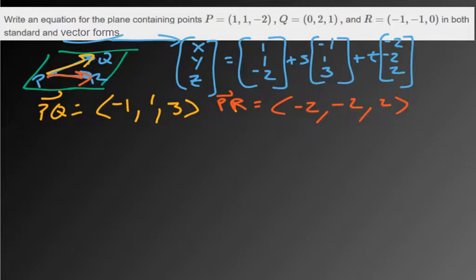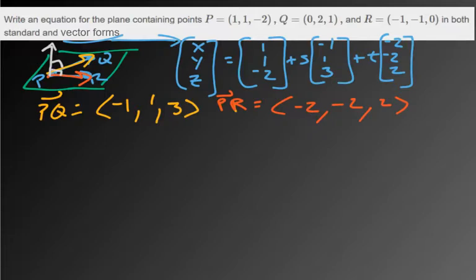So probably for standard form, the easiest way to do this is to create a normal vector just by doing a cross product, right? Actually, let me make that a little bit better over here. I'm basically going to make a vector that's perpendicular to this one back here, and also this one up here.